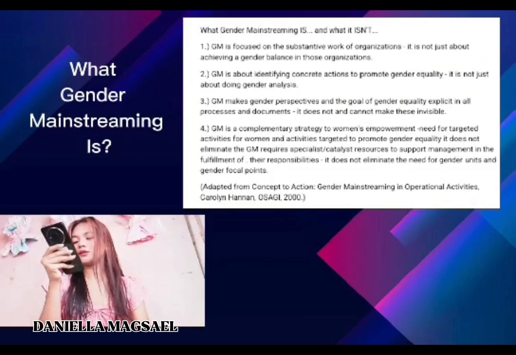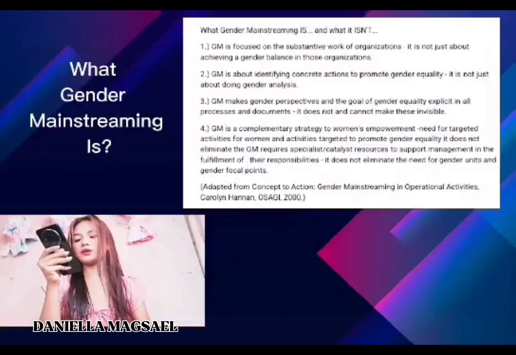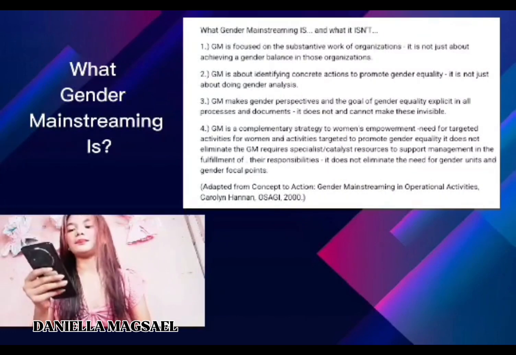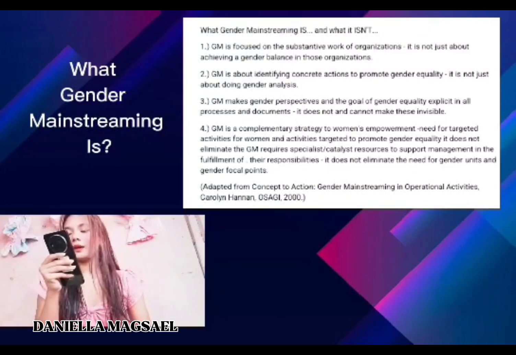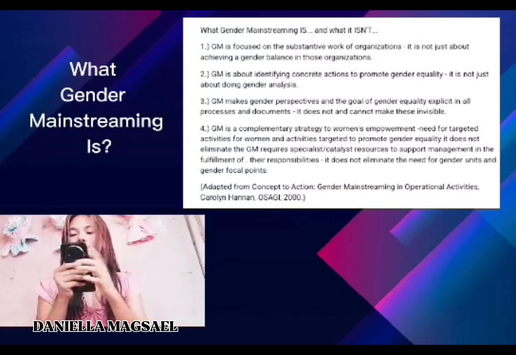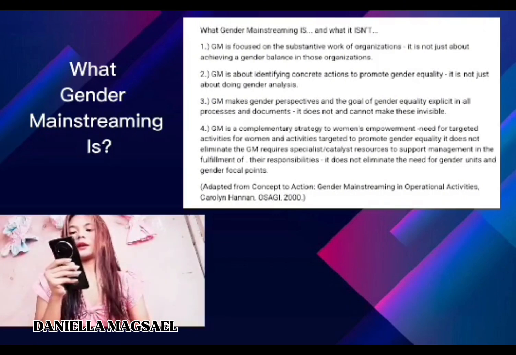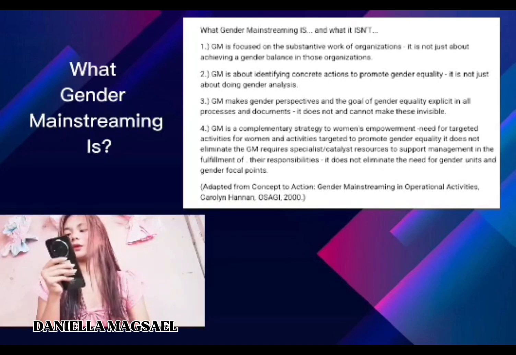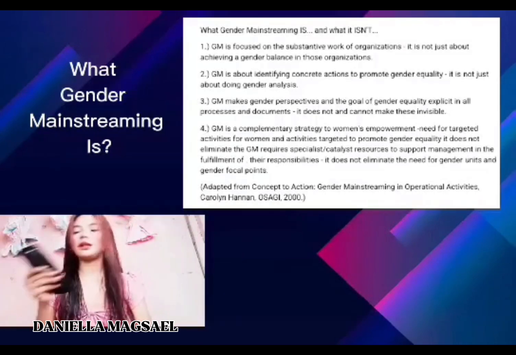Third, GM makes gender perspective and the goal of gender equality explicit in all processes and documents. It does not and cannot make this invisible. And fourth, GM is a complementary strategy to women's empowerment. It does not eliminate the need for targeted activities for women and activities targeted to promote gender equality.